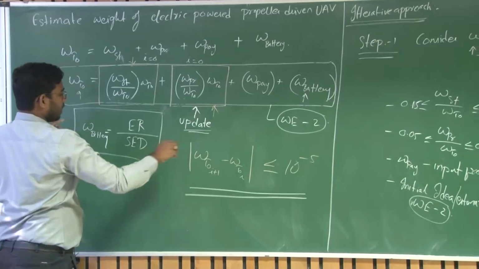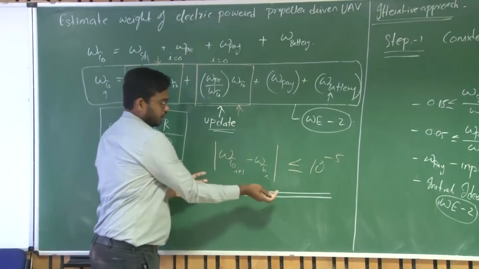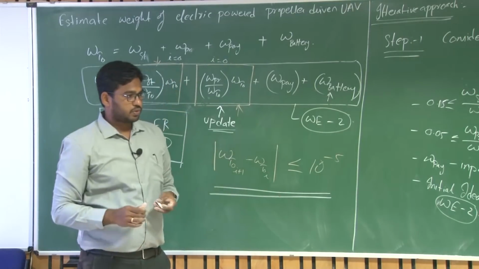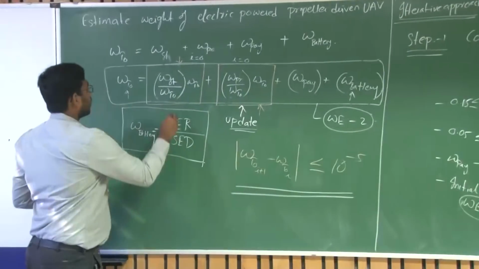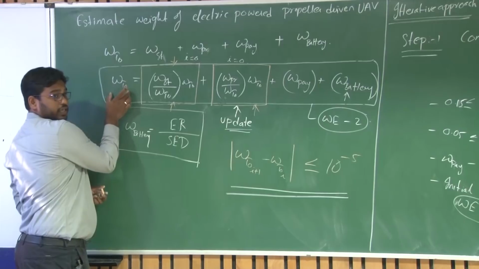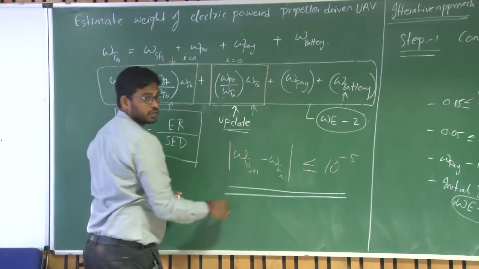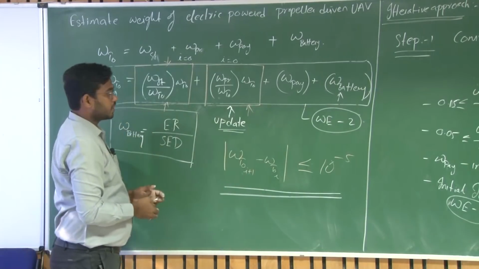At the same time, after this convergence, which is arrived at after the first round of iteration, you update this structural weight as per the takeoff weight obtained after this convergence, right? So that is again updated. So what are we doing?